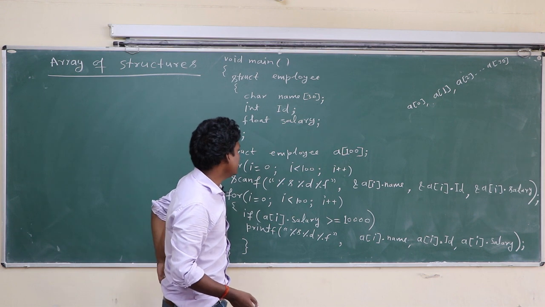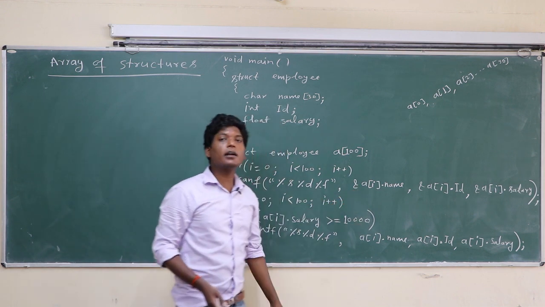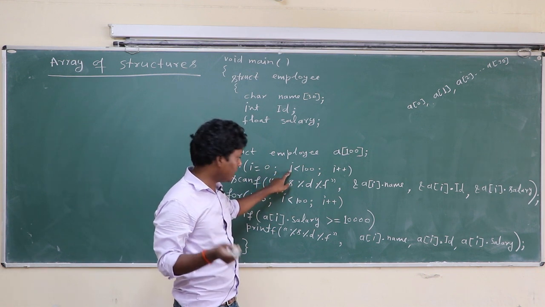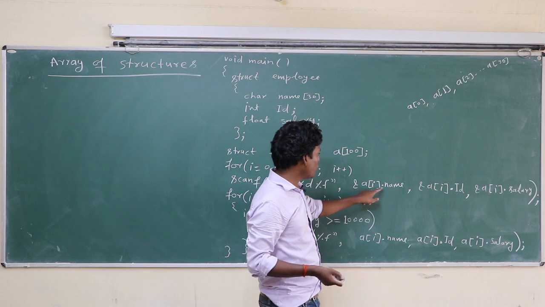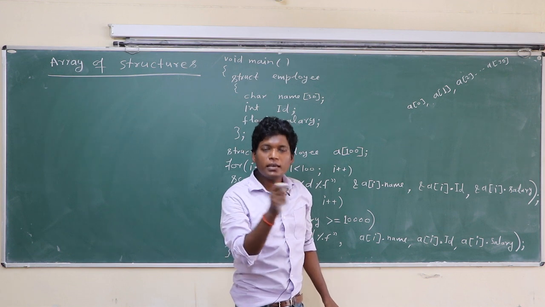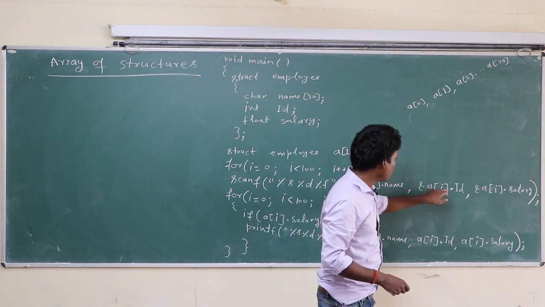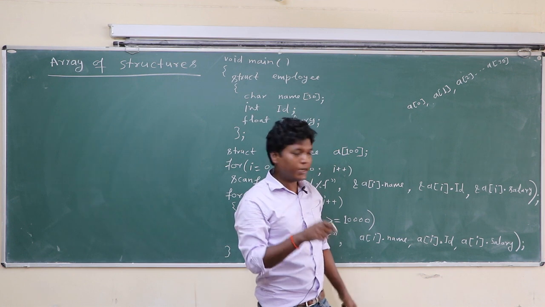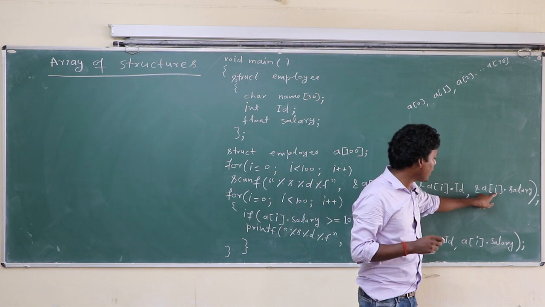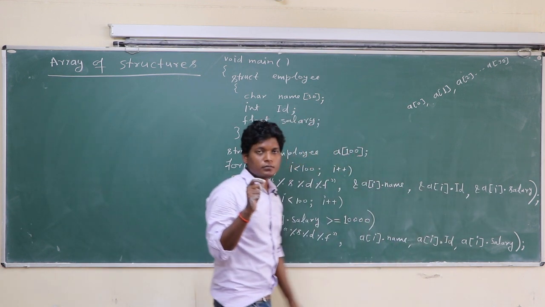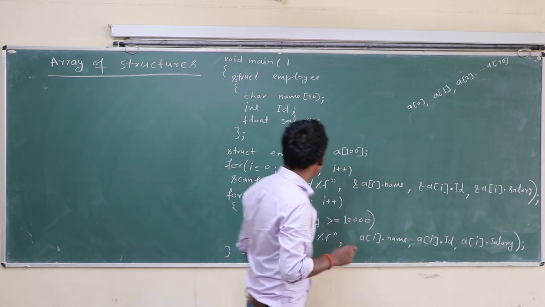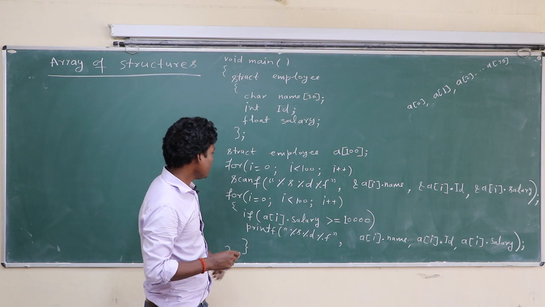Okay class, in this way we access the structure members, and in this way we input the details of 100 employees. When i has value 0, which is less than 100, yes, here a of 0 dot name, the first employee's name is entered, a of 0 dot id, the first employee's id is inputted, a of 0 dot salary, the first employee's salary is inputted.